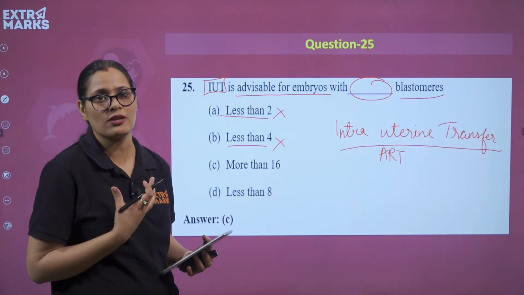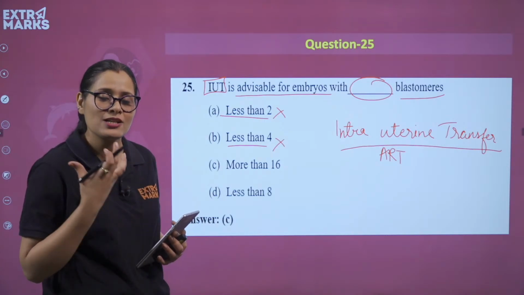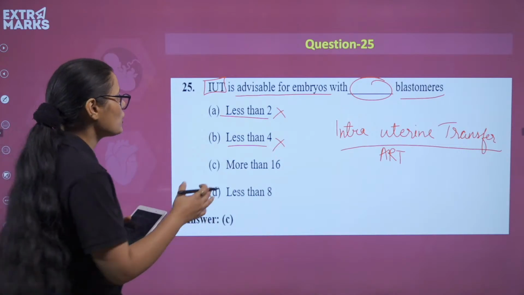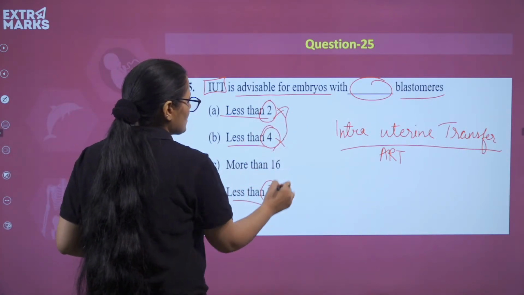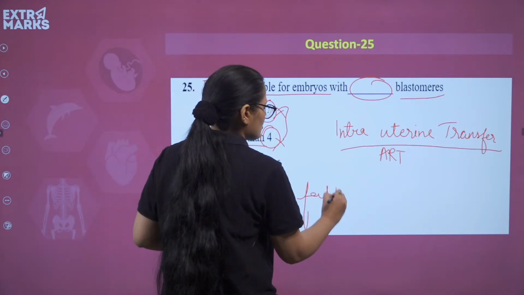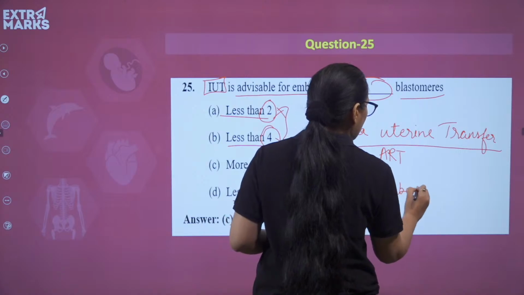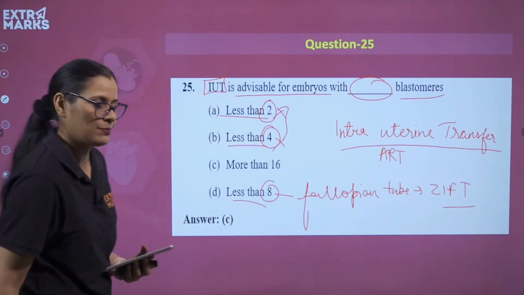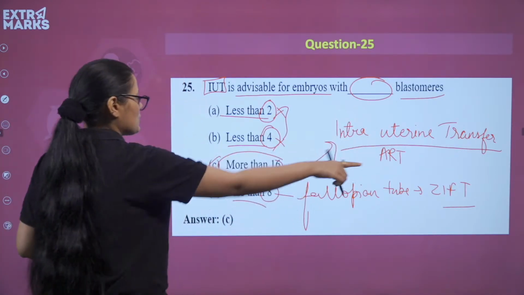At least morula stage should be there, and then it reaches into blastocyst stage. It is blastocyst stage that gets implanted into the uterus. So if we have less than 2, less than 4 and less than 8, they are to be transferred into the fallopian tube. That will come under ZIFT, zygote intrafallopian transfer, whereas more than 16 blastomeres would be your IUT, and this would be the correct answer.